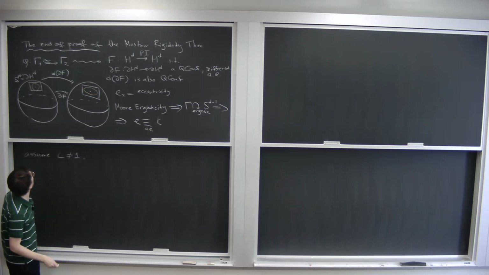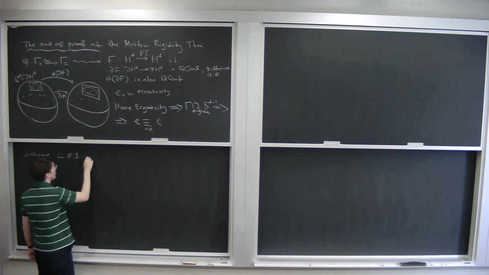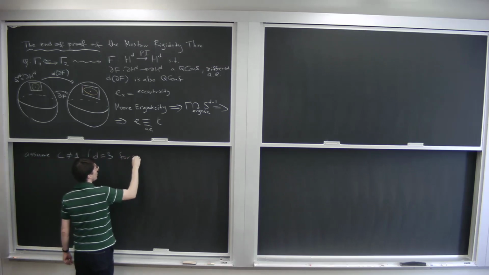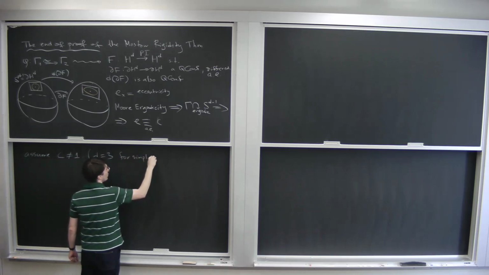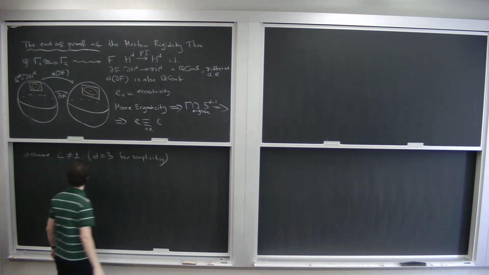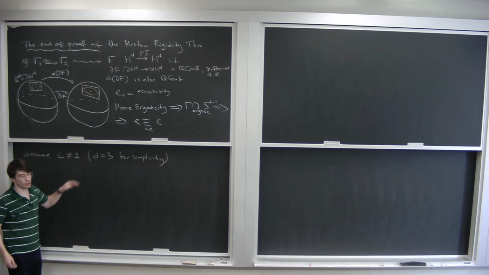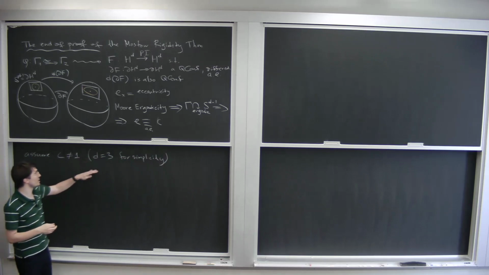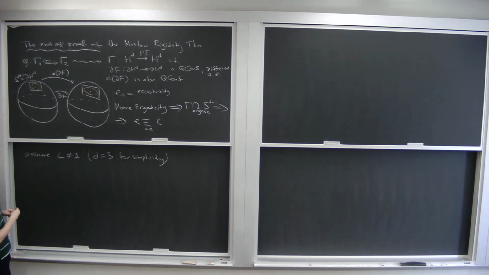And I also assume that D is equal to 3 for simplicity, just to show geometrically, to use elementary geometry ideas behind this. So in this case we have just a two-dimensional sphere, and I started doing the following.